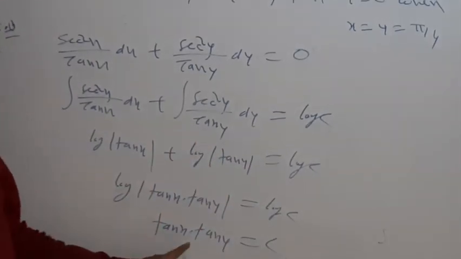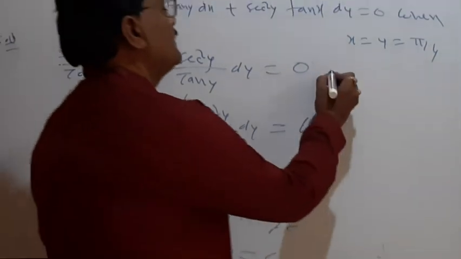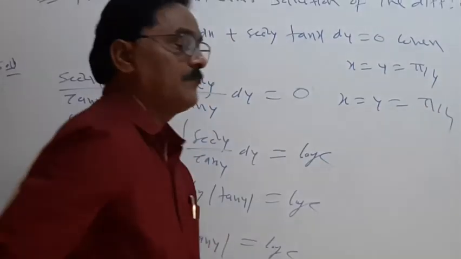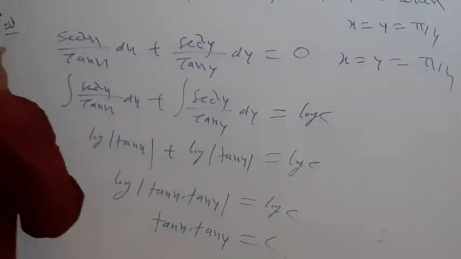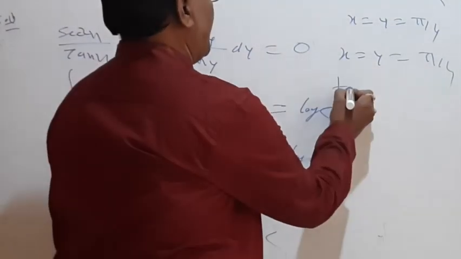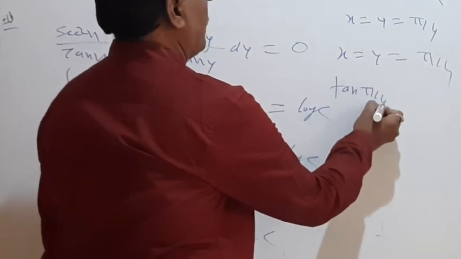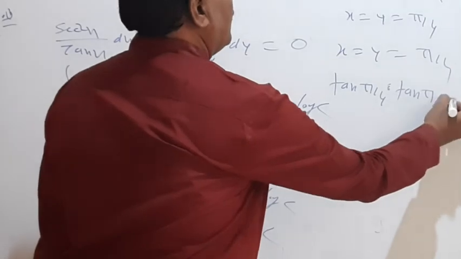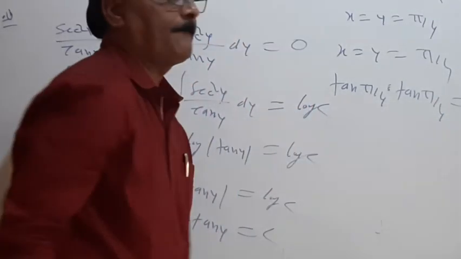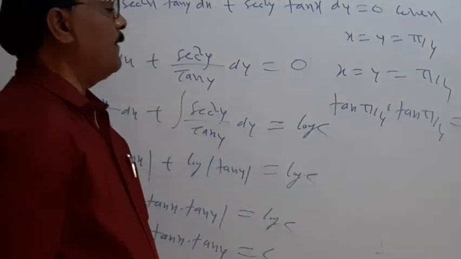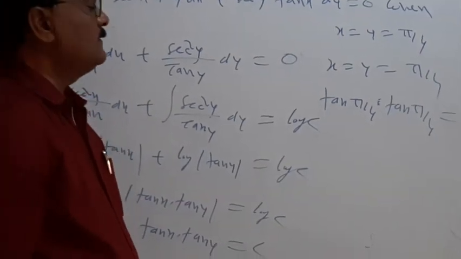For this the given values are x and y. The value is given: x is equal to y is equal to pi by 4. Put this value in the general solution. Here tan x, x is pi by 4, tan y, y is pi by 4, is equal to the constant c. The value of tan pi by 4, tan 45, is 1.